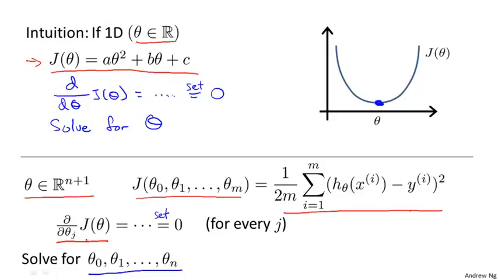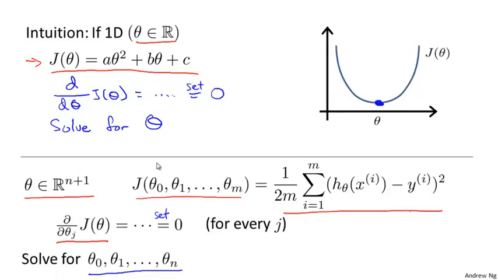Or equivalently, the values of thetas that minimize the cost function J of theta. I realize some of the comments I may have made made more sense only to those of you a little more familiar with calculus. But if you're less familiar with calculus, don't worry about it. I'm just going to tell you what you need to know in order to implement this algorithm and get it to work.